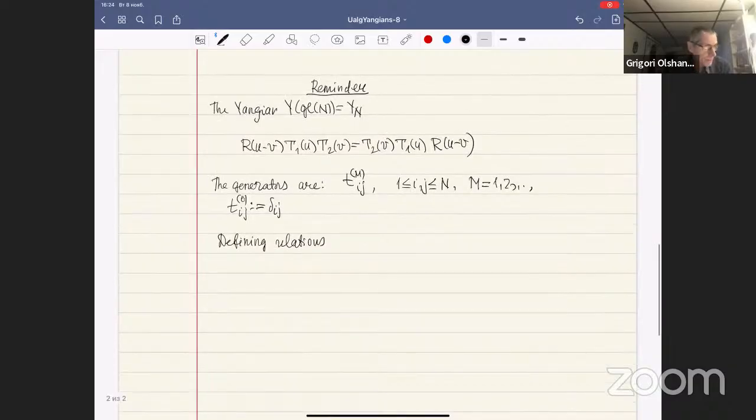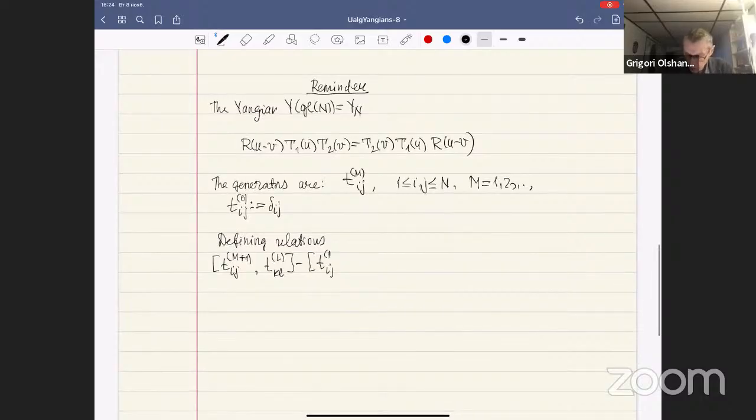Relations can be written as follows, in more detailed form. I'm sorry, these are not strictly speaking commutation relations, but just the defining relations.